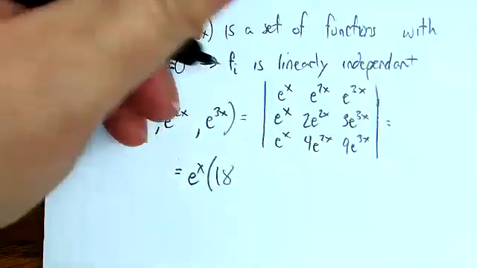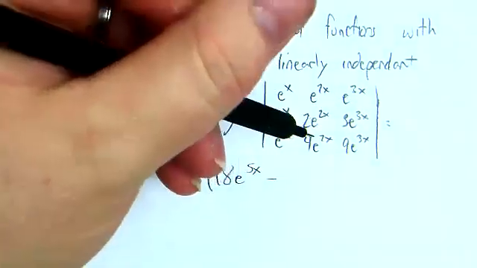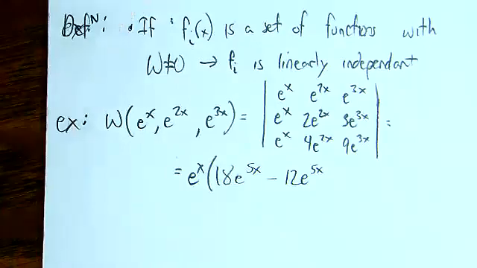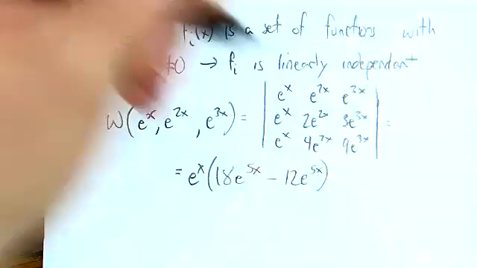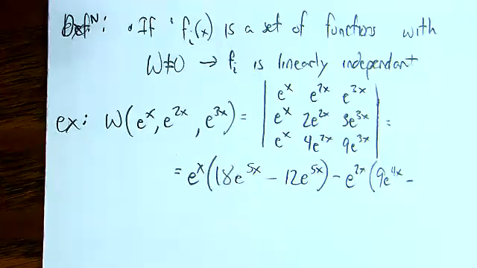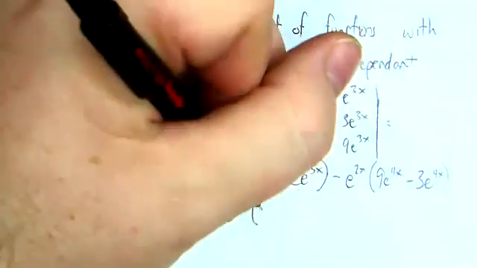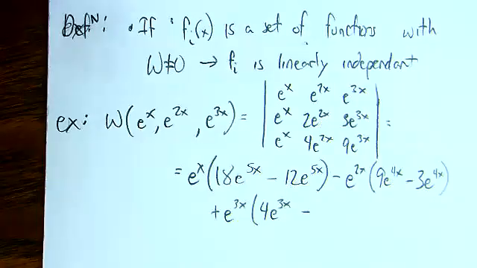E to the 2x times e to the 3x is e to the 5x, minus 4 times 3 is 12, e to the 5x, minus e to the 2x times 9e to the 4x minus 3e to the 4x, plus e to the 3x times 4e to the 3x minus 2e to the 3x.